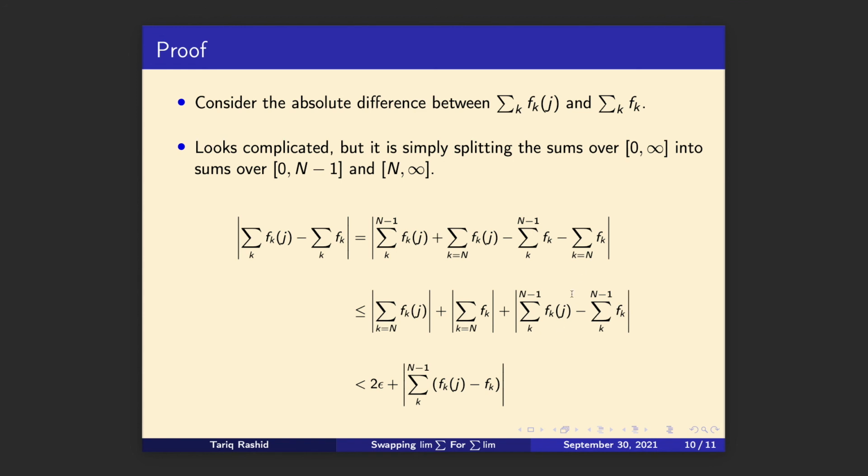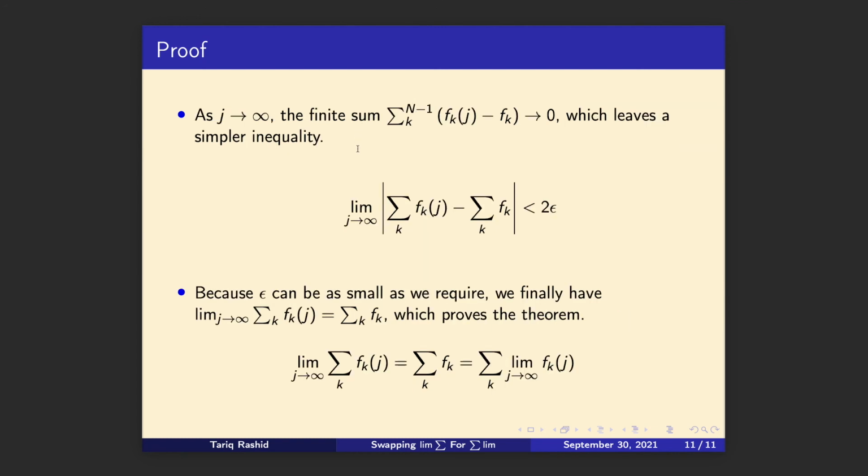Now this is a finite sum. It's not infinite. It goes from k starting at 0, 1 up to n minus 1. And we have to think about the magnitude of that difference. We just collected the terms here. Because it's a finite sum, we can take the limit inside the sum. So as j goes to infinity, the finite sum does go to 0 because fkj, as j goes to infinity, becomes fk minus fk.